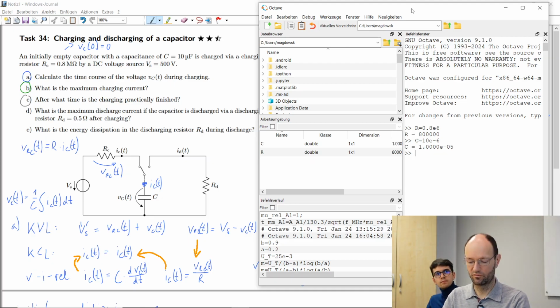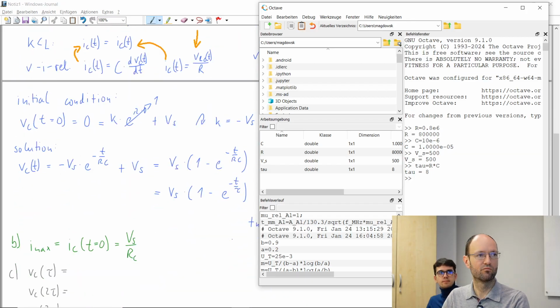And the source voltage, okay, we could also insert this, is 500. And so then we can calculate this time constant tau. This is R multiplied with C, and mega and micro should cancel each other, and 0.8 times 10 should be 8. So we get 8 seconds there.